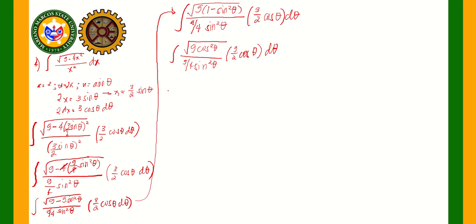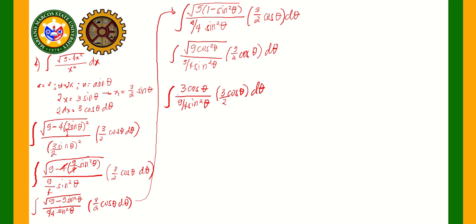Now, since these two are perfect squares, we can eradicate the radical sign. So this will be equal to 3 cosine theta all over 9 over 4 sine squared theta multiplied by 3 cosine theta d theta. It should be 3 over 2.